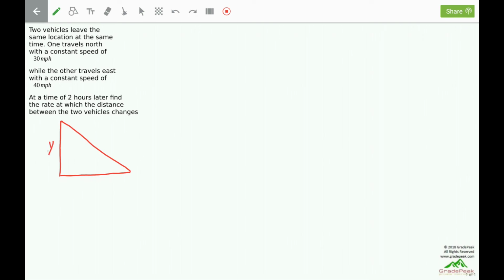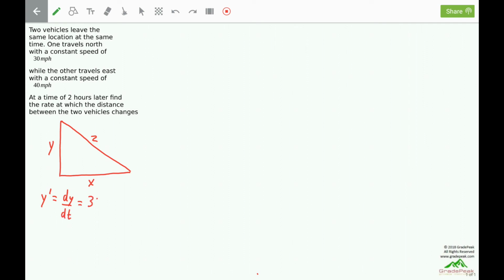If we name this northward leg y and the eastward leg x, the hypotenuse we can call z, we have rates for the northward traveling, y prime or dy/dt.